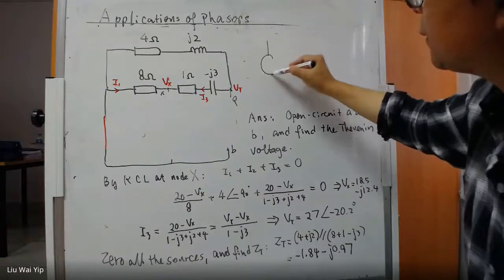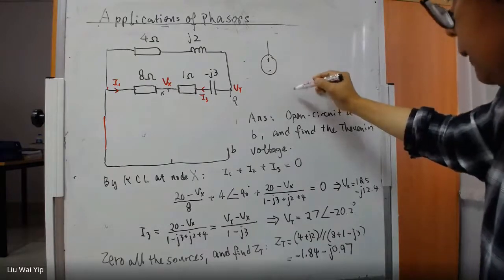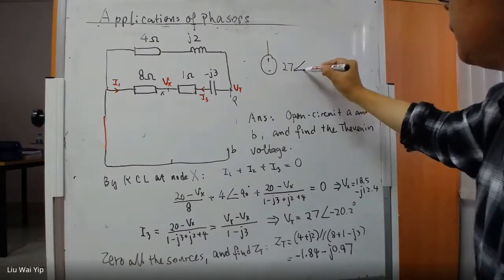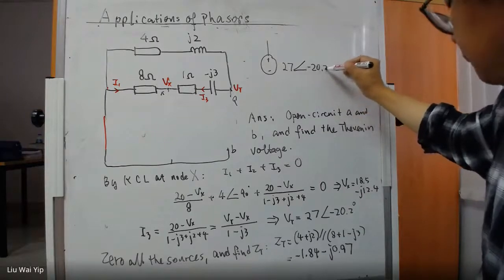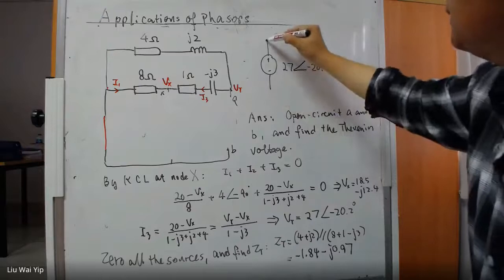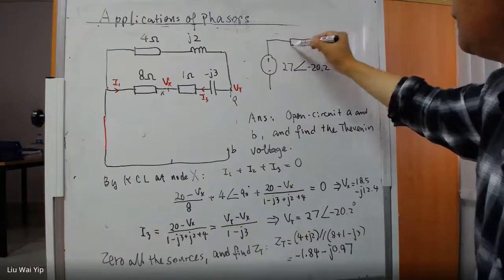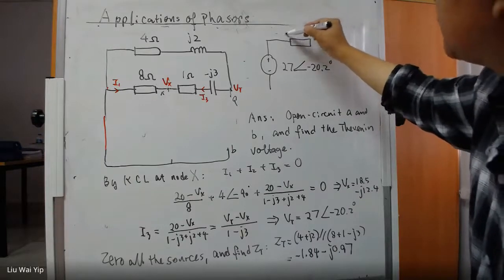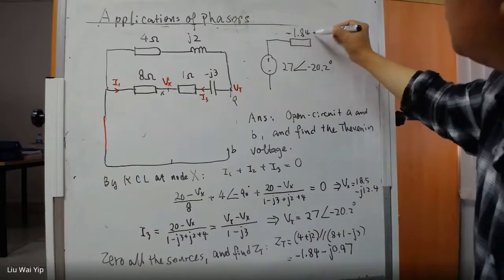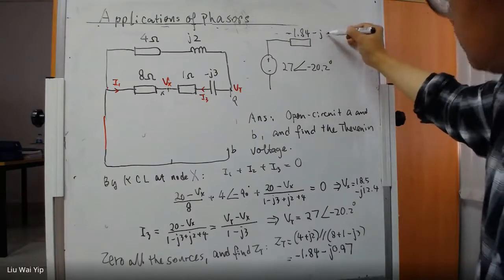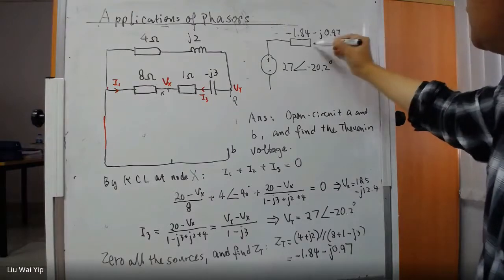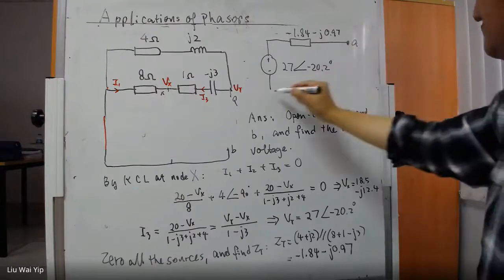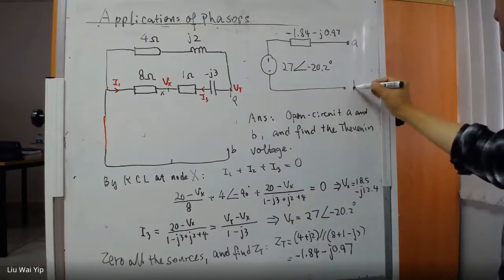The equivalent circuit is going to be 27 and the impedance here is going to be 1.84 minus j0.93. Again, this is A and B. So this is the answer.